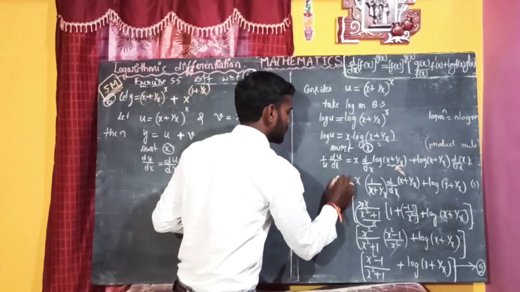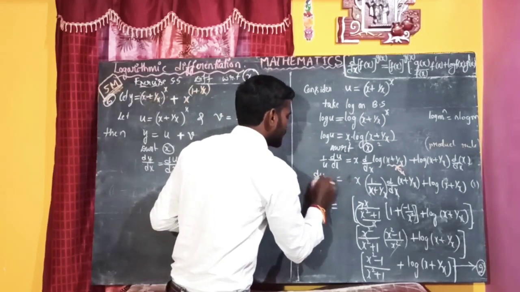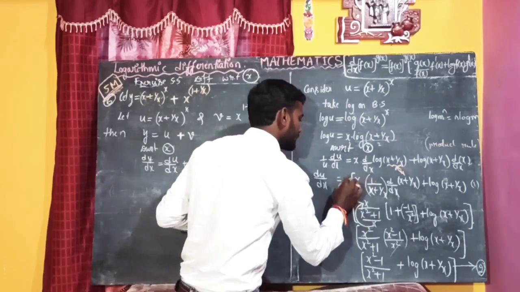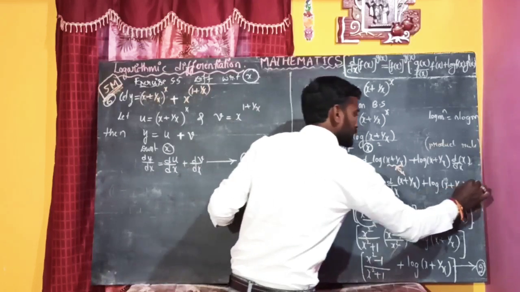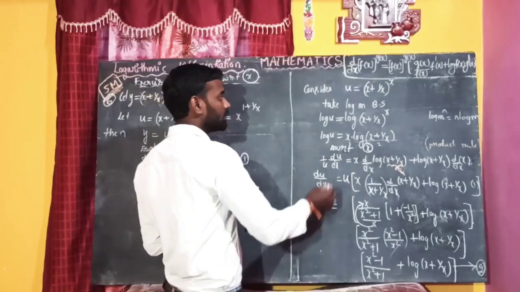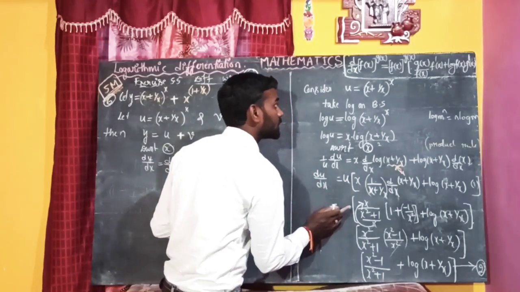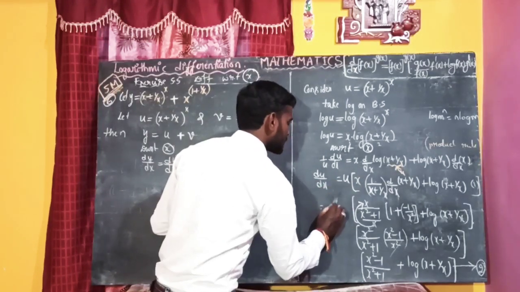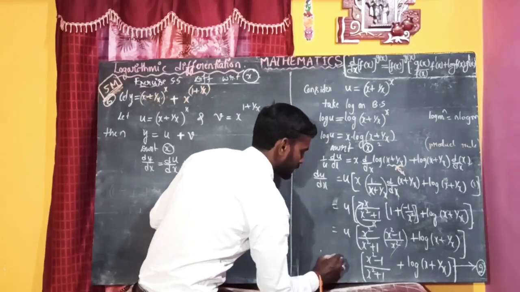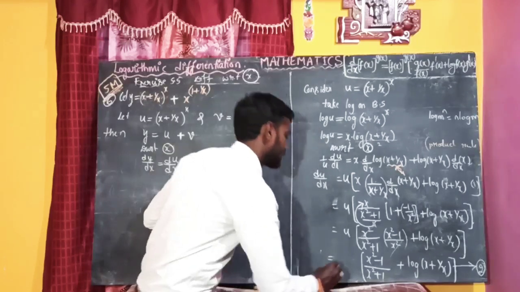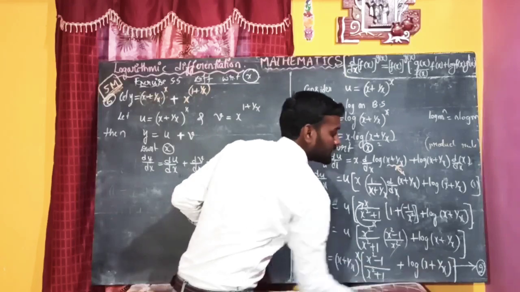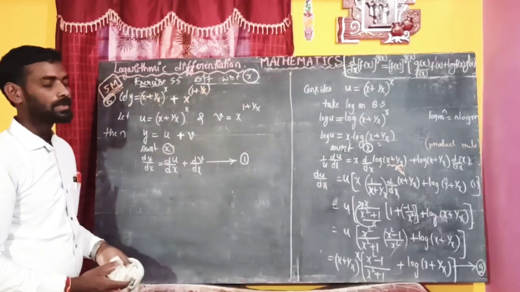Here du by dx becomes what? If we shift this u to the right hand side, then that becomes the numerator. This is u. Okay guys, here u means what? U means x plus 1 by x all to the power of x. Up to last I will write the same. This is equation number 2.